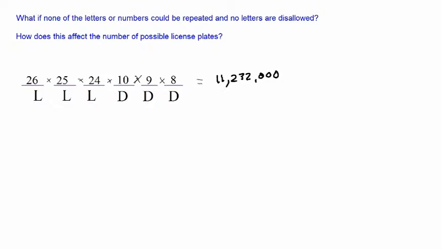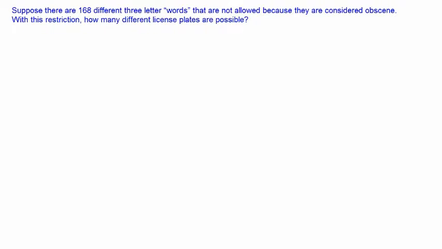These license plates would be described as not having any letters nor numbers that repeat.